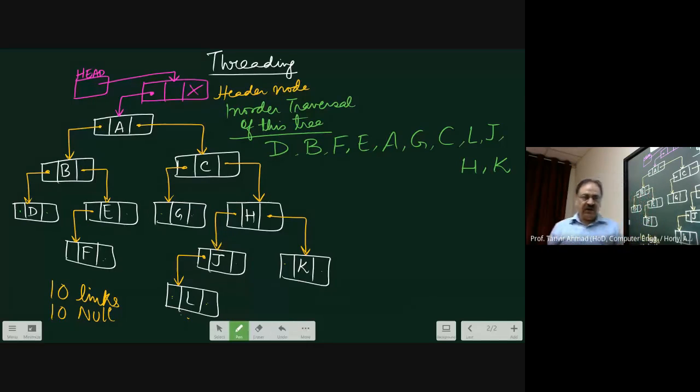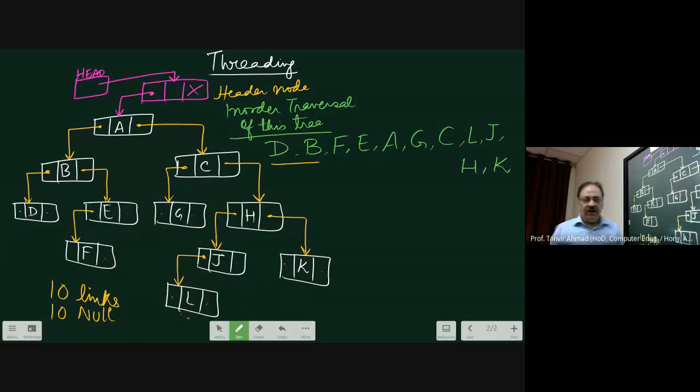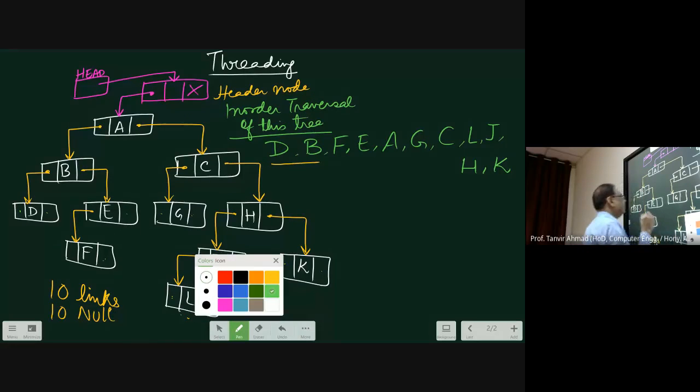Now you just check B, both the links are occupied. Therefore, you cannot put a thread there. With D, what is the successor of D? You check here. It is B. Therefore, I can make a back link from D to B.